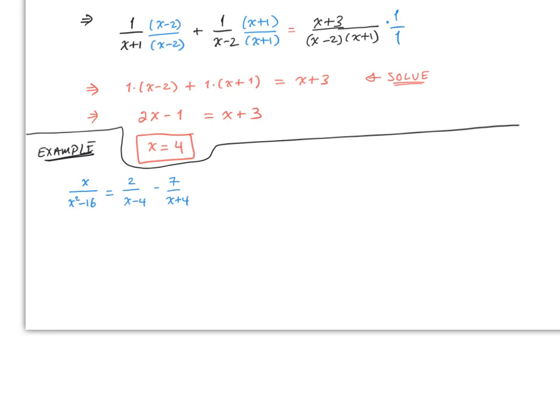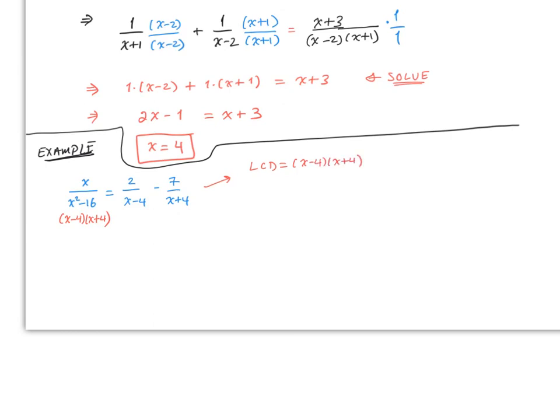All right, so just in case you didn't get that one completely, let's do one last example. So let's say you're trying to solve this problem. Remember, the first thing you need to do always is to find the LCD, so you can factor this as x minus 4 times x plus 4. So therefore, from here, the LCD is going to be x minus 4 times x plus 4.